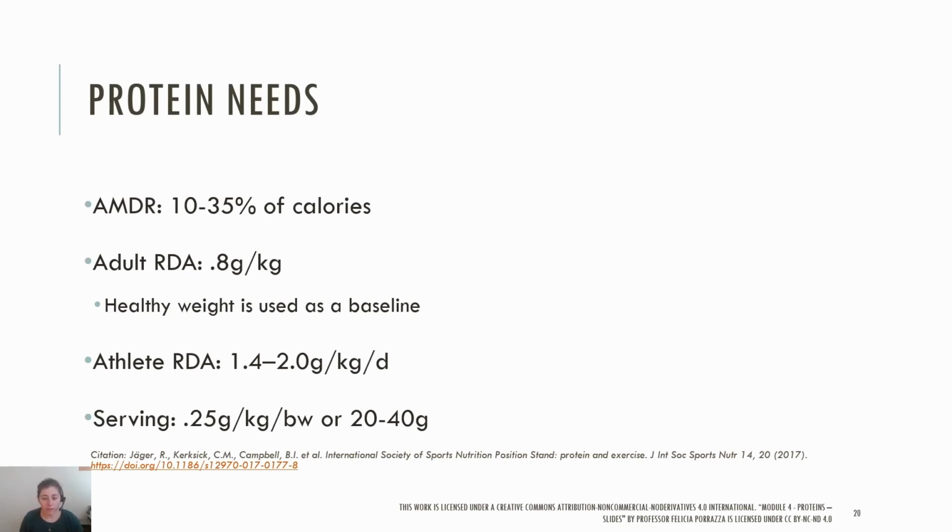Higher intakes may be needed for short periods during intensified training or with reduced energy intake. Spacing of protein intake is also a factor, as recommendations from the ISSN are generally to aim for 0.25 grams per kilogram of body weight or 20 to 40 grams per serving and space intake over 3 to 4 hours.